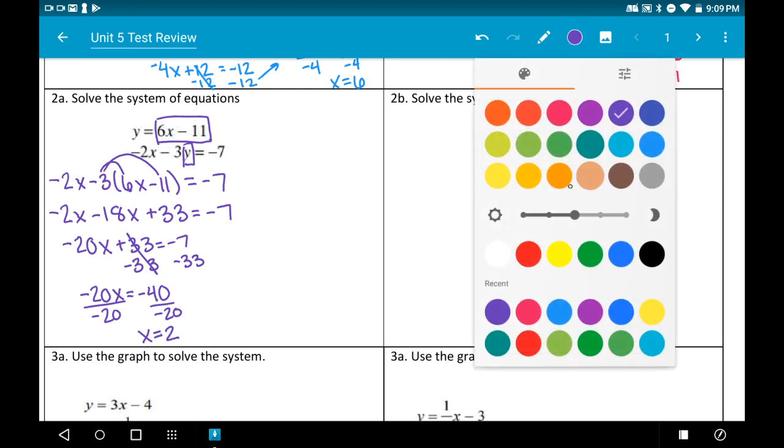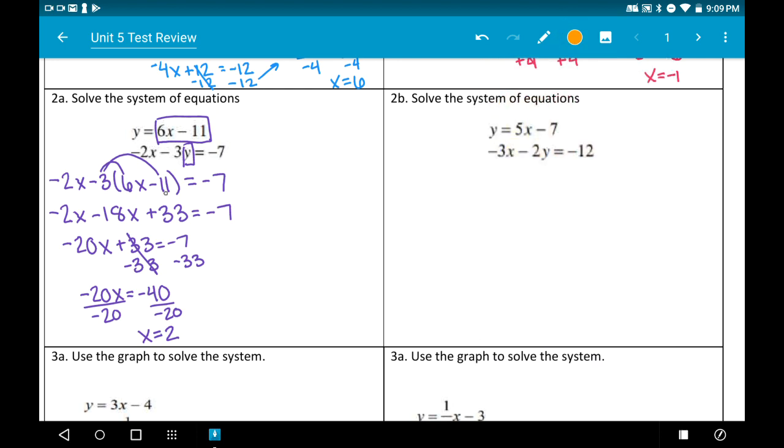Now just like before, we're going to have to plug this back into one of these equations to solve for y. So I'm going to pick the one that's y equals because it's easier. So I have y equals 6x minus 11. And just like we did in those two problems up there, we're going to replace the x with whatever we found it equaled.